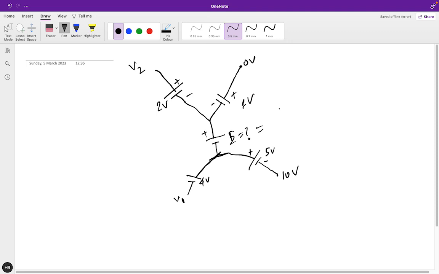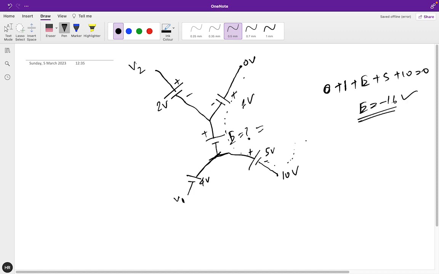For finding the value of E, see, if you go like this, what kind of things are you getting? 0 plus 1 plus E plus 5 plus 10 is equal to 0. So E is coming to how much? 10, 5, 16, minus 16.